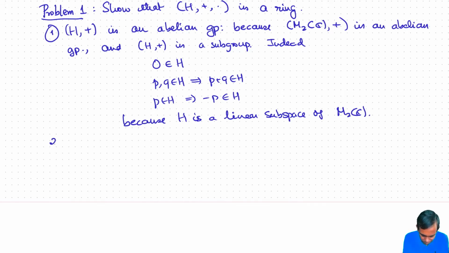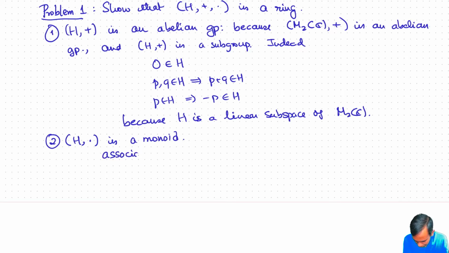Now the next thing we need to check is that (H, ·) is a monoid. And again, we don't need to check associativity because it is inherited from M2C.